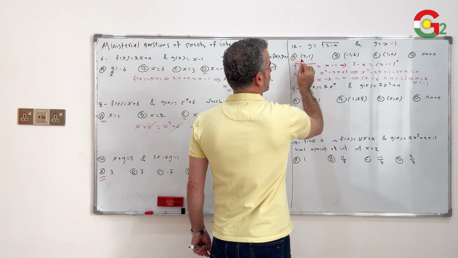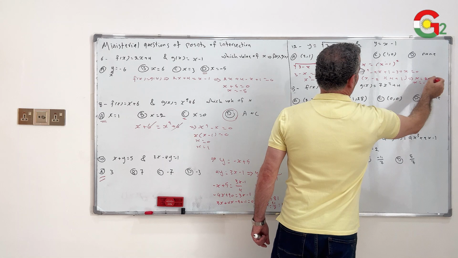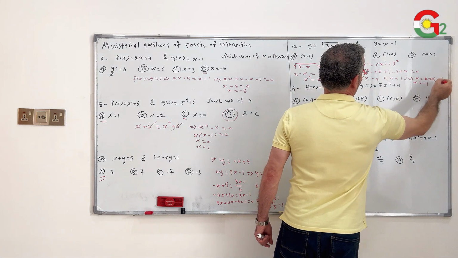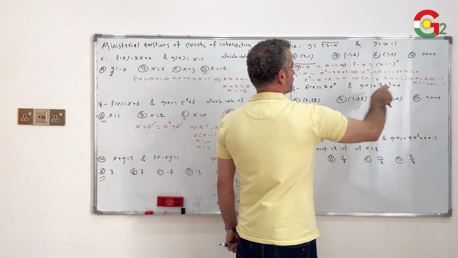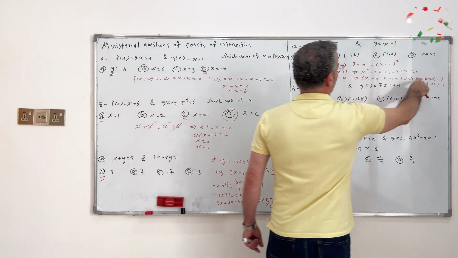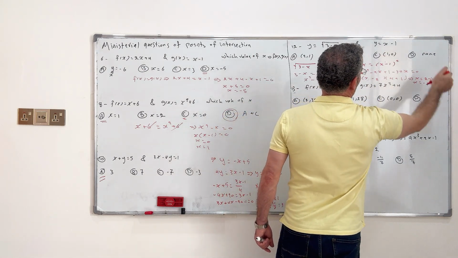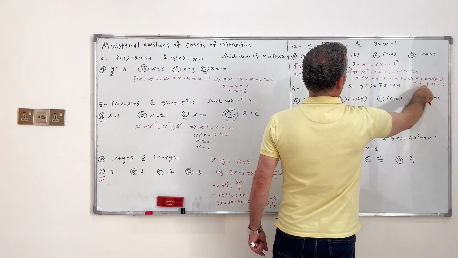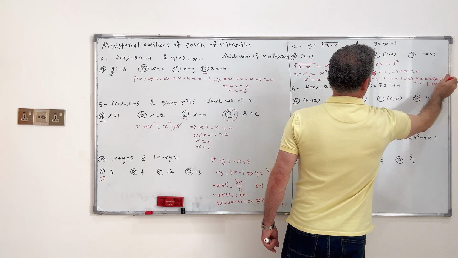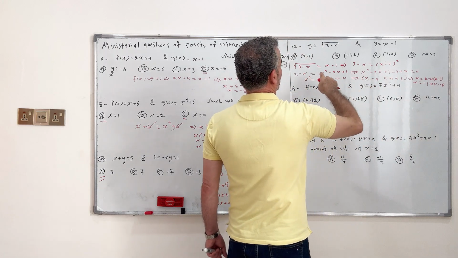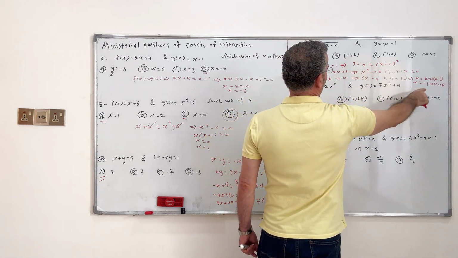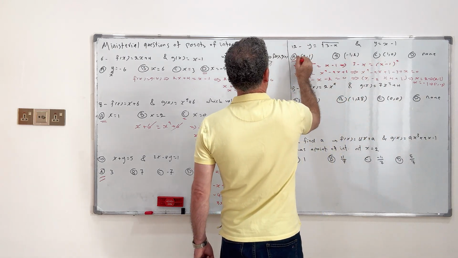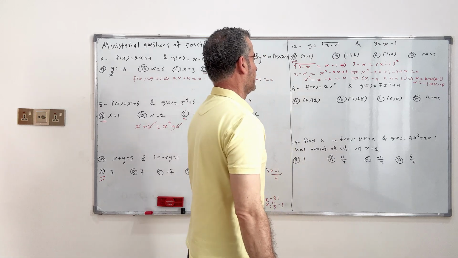Let me find the y coordinate of these two points. When x equal 2, y equal 1. When x equal negative 1, it is negative 2. There is no (negative 1, negative 2), but there is (2, 1). It is choice A.